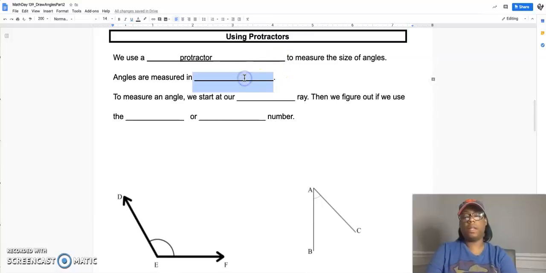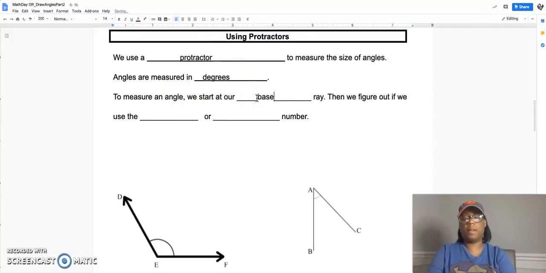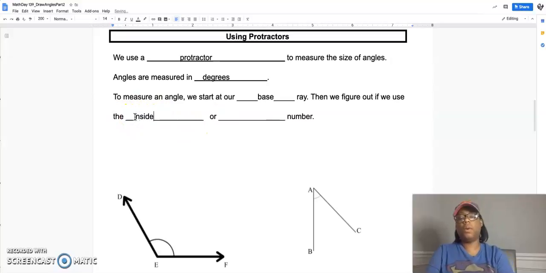Angles are measured in degrees. To measure an angle, we start at our base ray. Then we figure out if we use the inside or the outside number.